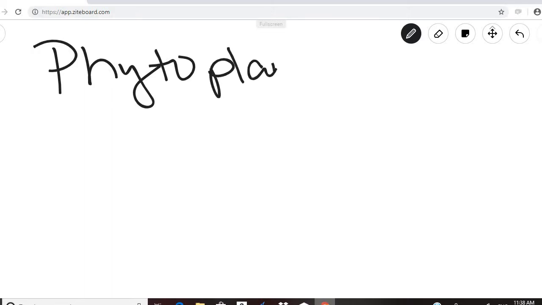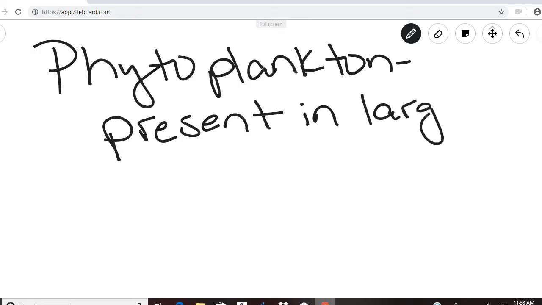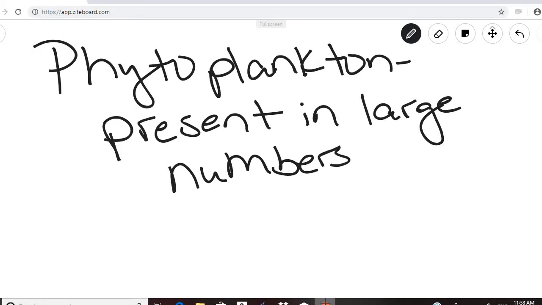Well, the answer to that is that phytoplankton are present in very large numbers. So these phytoplankton make their own food through photosynthesis.